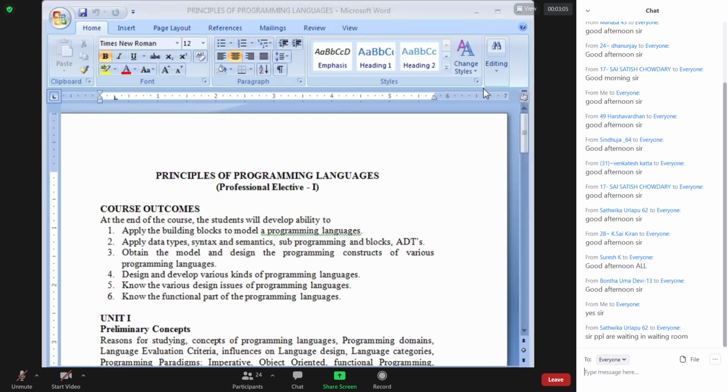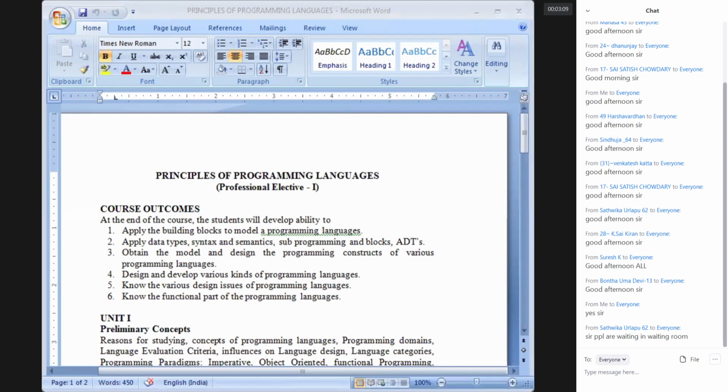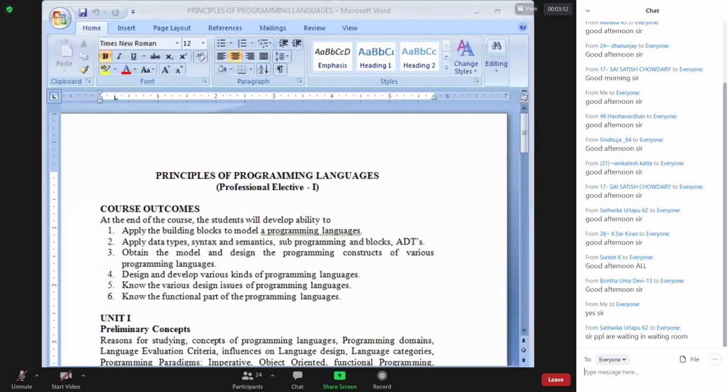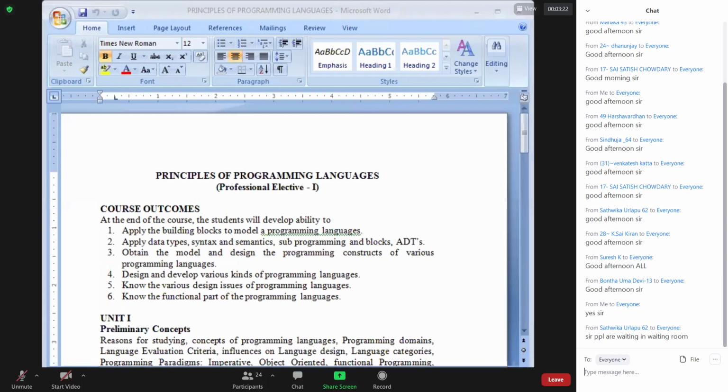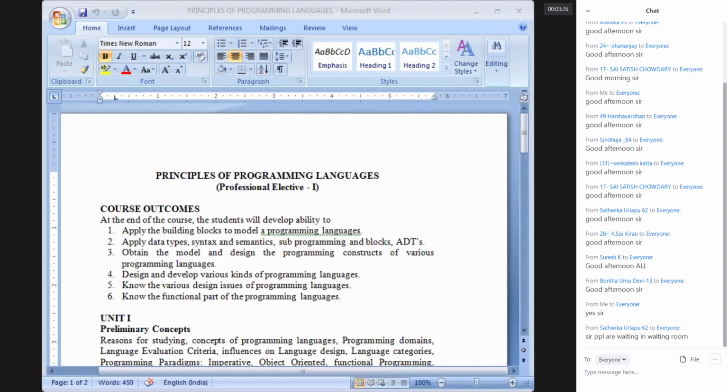You are well versed in programming languages, but you may not know fully their characteristics, principles, limitations, and the scope of every principle.